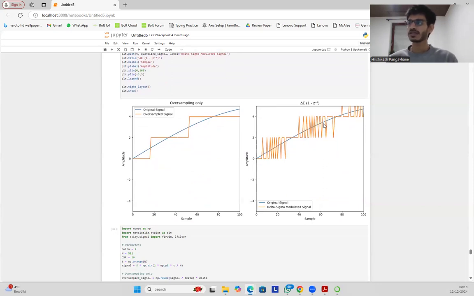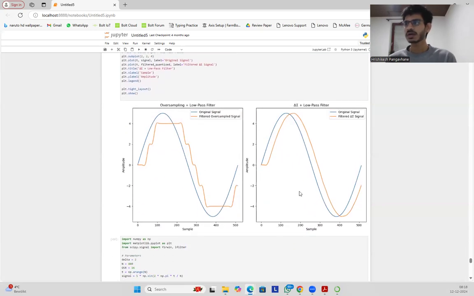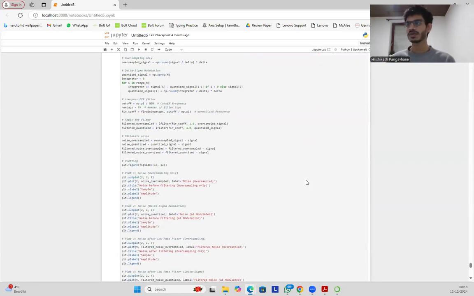But in the case of the first order delta sigma modulator, we have this behavior of noise where the noise is pushed to higher frequencies. When we shape it out, the resemblance to the original signal is even higher, so the resolution is even higher. This is what I meant when we talked about the theory.